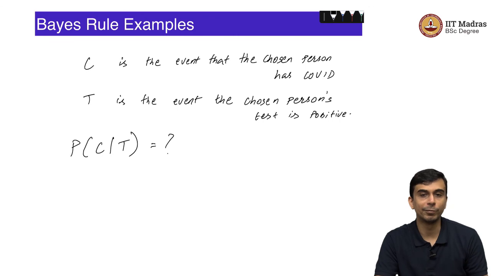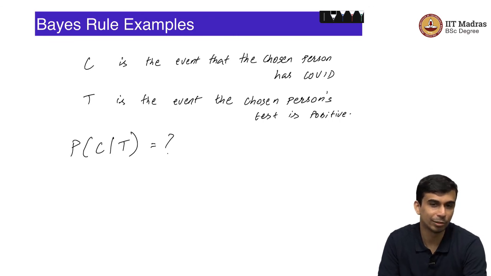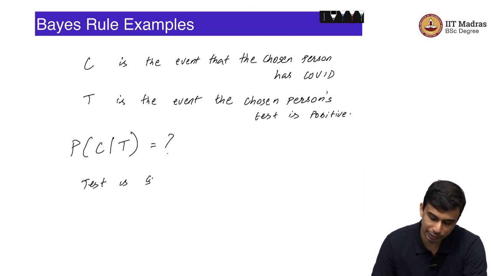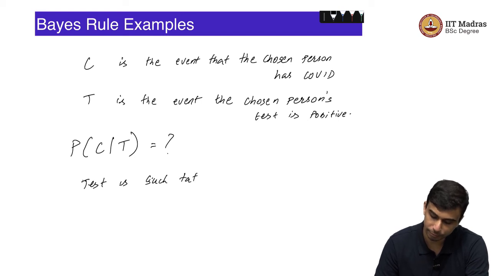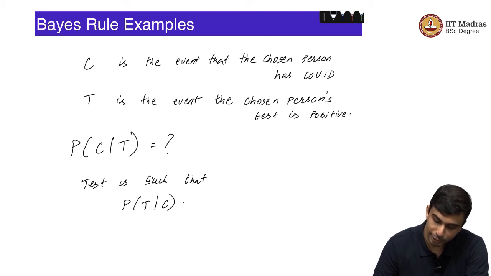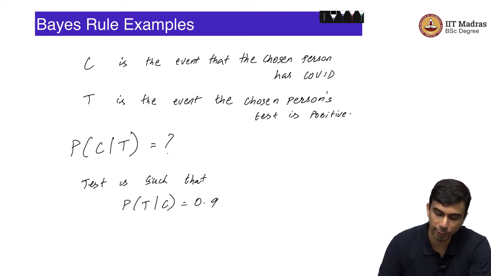But the test is not perfect. If you had a perfect test, then the answer is yes, the person has COVID. But the test is not perfect. Let's say the test is only 90% accurate. So what do I mean by that? The test is such that the probability of the test being positive given COVID is 0.9.